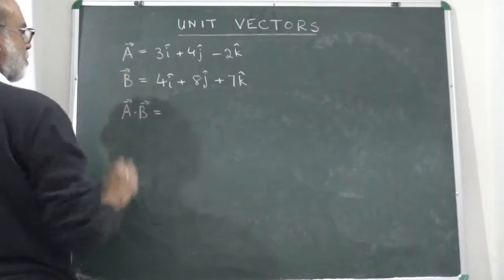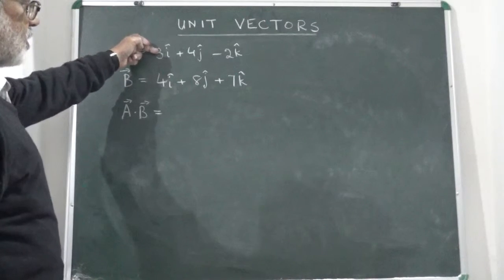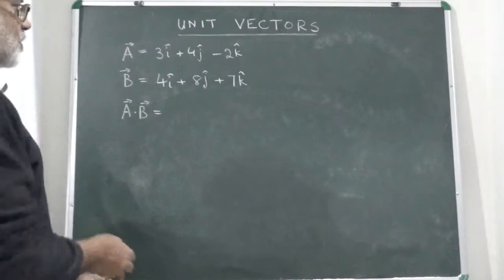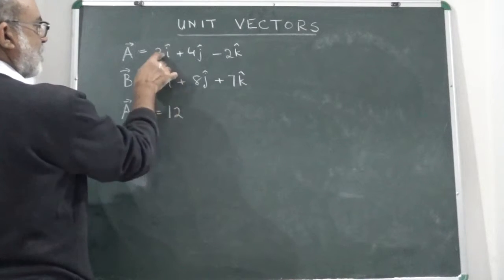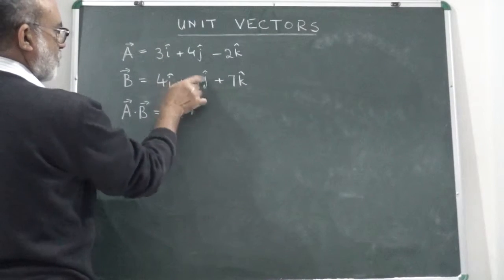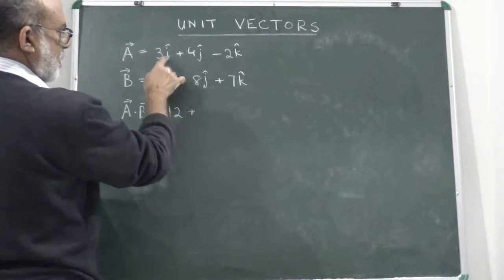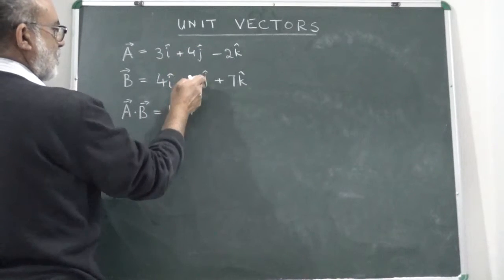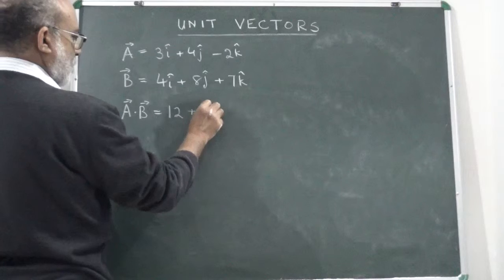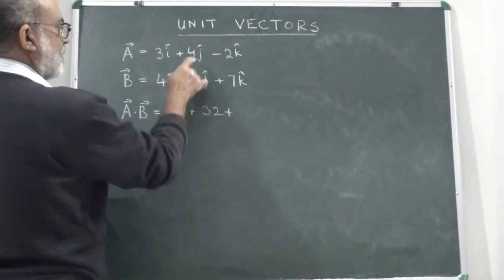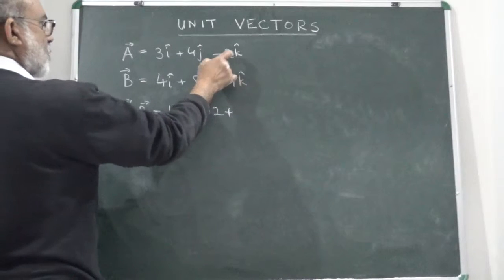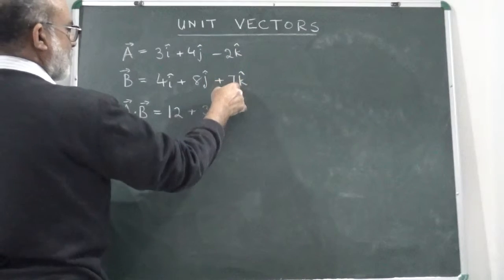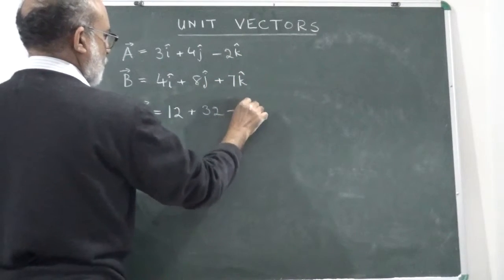It means we are multiplying these two. First, 3 into 4 will be 12, since i dot i is 1, so it is 12. i dot j is 0, so this will give 0. i dot k is also 0 because they are 90 degrees, so all of those are 0. j dot i will be 0 and j dot j will be 1, so 4 eights are 32, and j dot k is also 0. k dot i is 0, k dot j is 0, and k dot k gives minus 14.